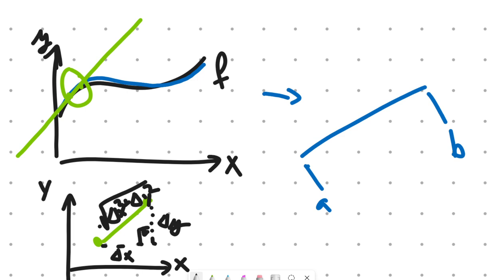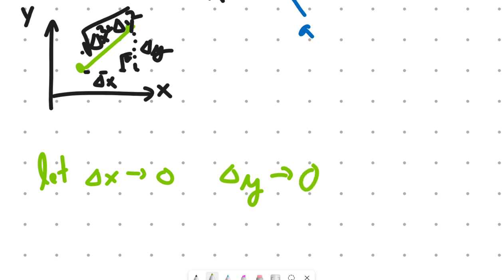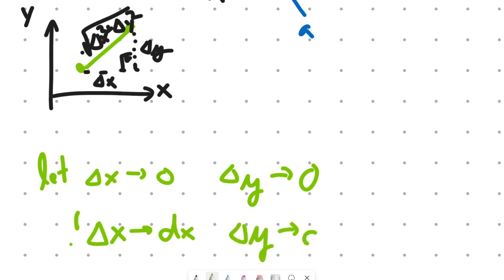Now, I would like to have an infinitesimally small segment of that part. So let delta x approach 0 and delta y approach 0. If delta x and delta y approach 0, then delta x approaches dx, a small width dx, and delta y approaches dy.